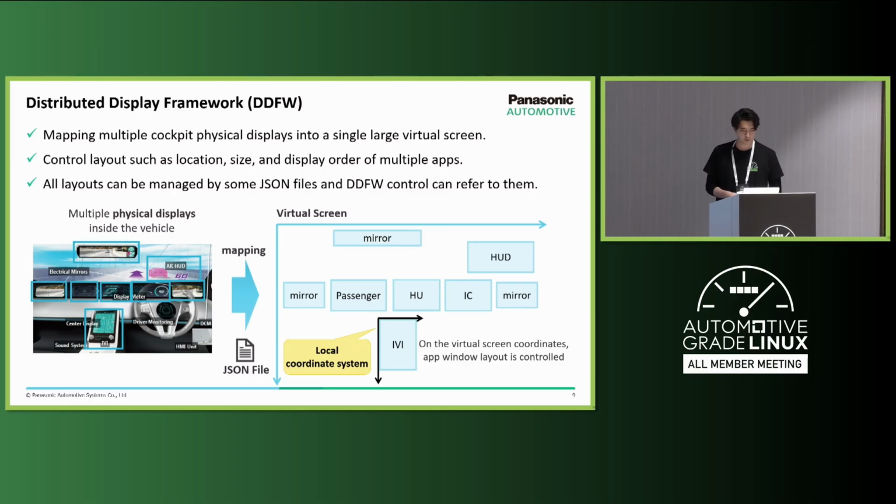And DDFW allows developers to control layout such as location, size, and the display order of multiple applications on the multiple displays. And all layouts can be managed by JSON files, and DDFW can control layouts by referring to those JSON files.